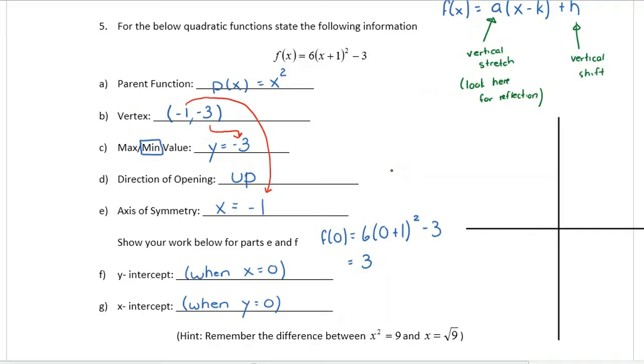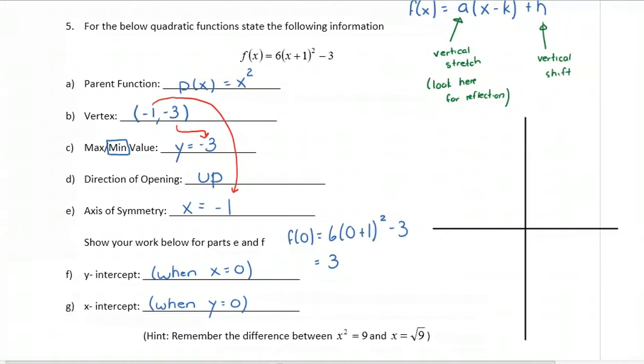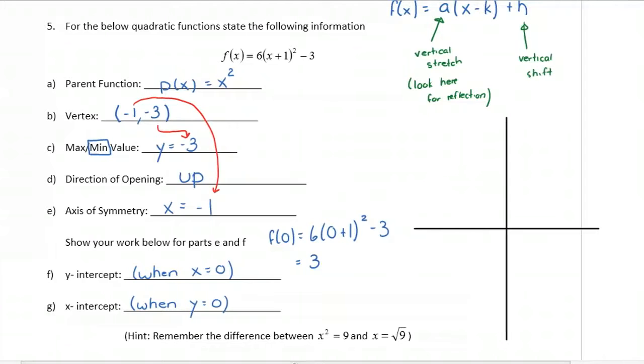And that quick sketch is just going to include a couple important points. In our case, it's going to include the vertex, and that's really the big one. We're going to make sure we approximate where the y-intercept is, and that's going to help us estimate other values later on.